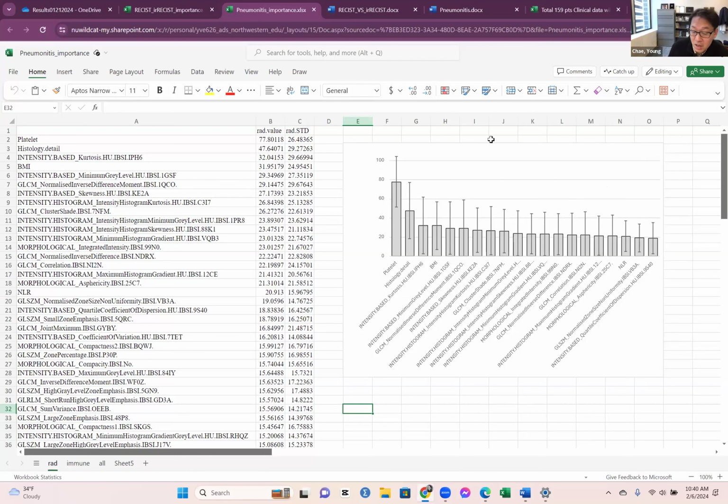I think no one has ever claimed that squamous versus non-squamous has different pneumonitis predictability. High platelets may cause more or less pneumonitis. We don't know.